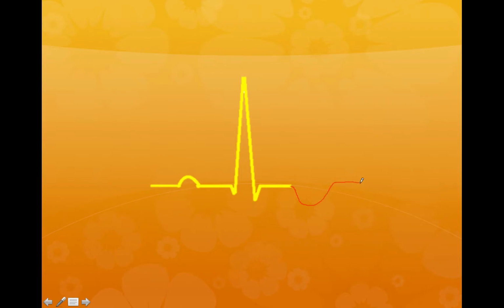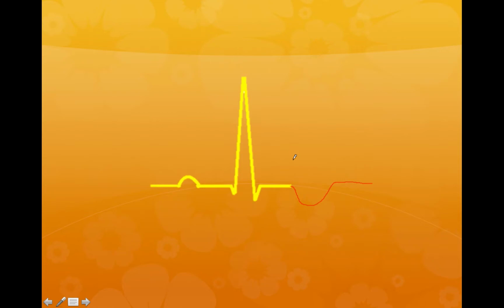T wave inversion is actually a pretty aspecific sign. We can find it in a variety of different pathologies, and I'll show you on the next slide. But new T wave inversion, so say if we had an ECG on admission that showed a normal T wave, and then we took a repeat ECG and we could see T wave inversion, then that may represent ischemia, and that would be something to be concerned about.